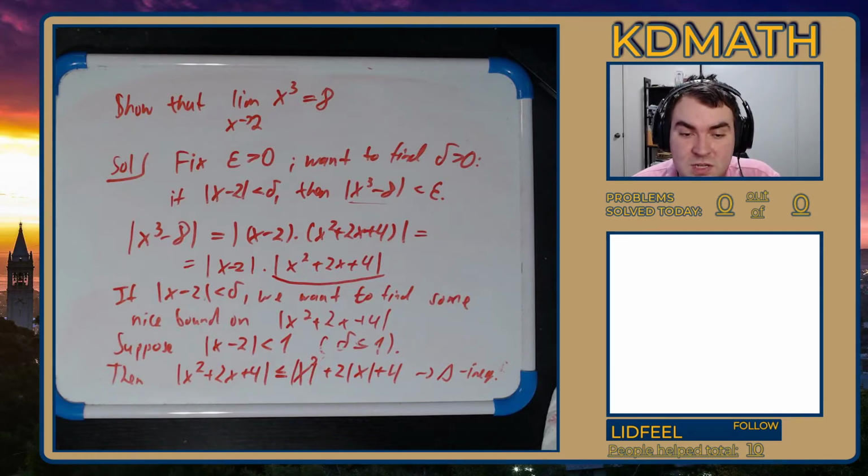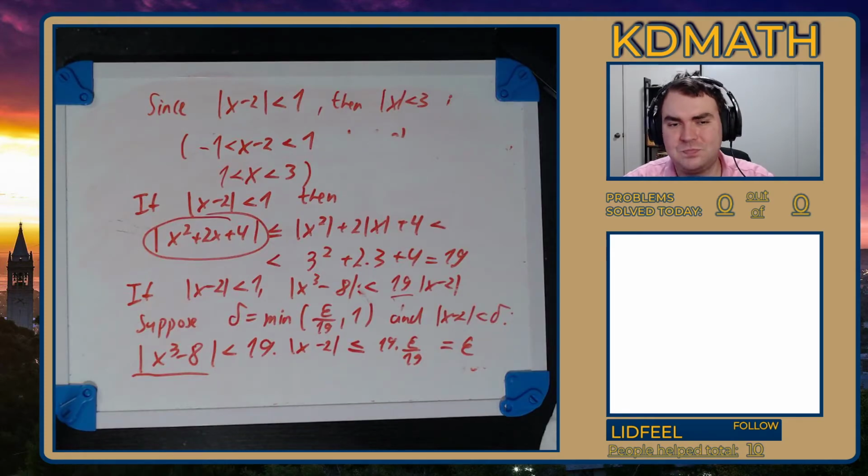Well, it turns out we can say quite a lot. As a matter of fact, the term at the bottom of your screen, the absolute value of x squared plus 2x plus 4, would be bounded above by 19. Why 19? We derive that on the next board.